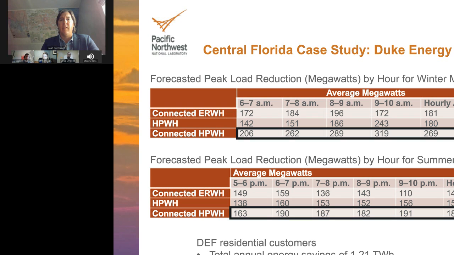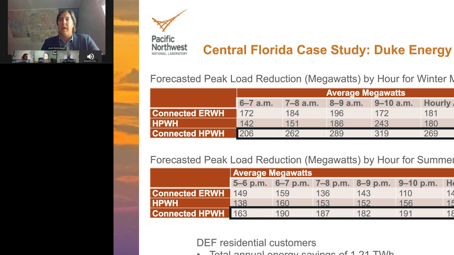So you can see in the top table, the hourly average was roughly 270 megawatts reduced for the connected heat pump water heater, and the uncontrolled heat pump water heater and connected electric resistance water heater performed relatively similarly.